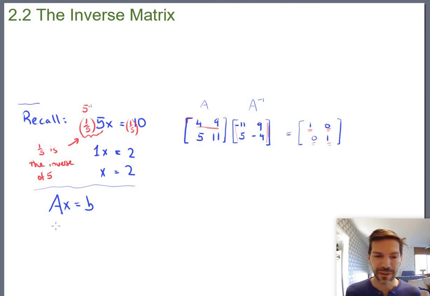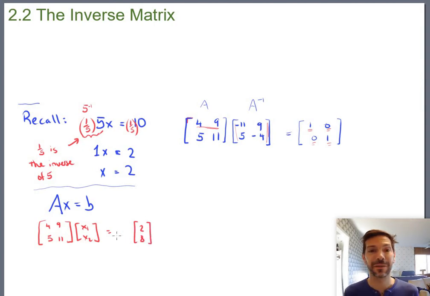And if we had a system down here that looked like 4, 9, 5, 11 times an unknown, and it equaled, like, whatever, 2, 8.